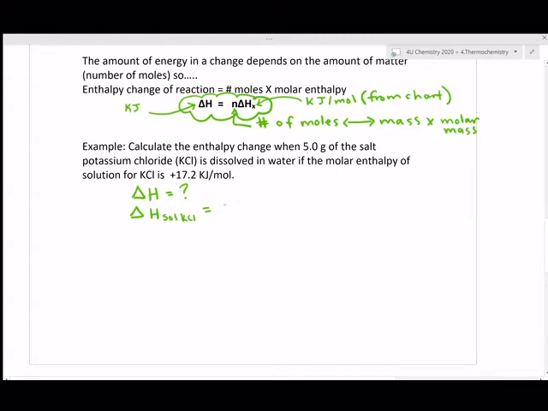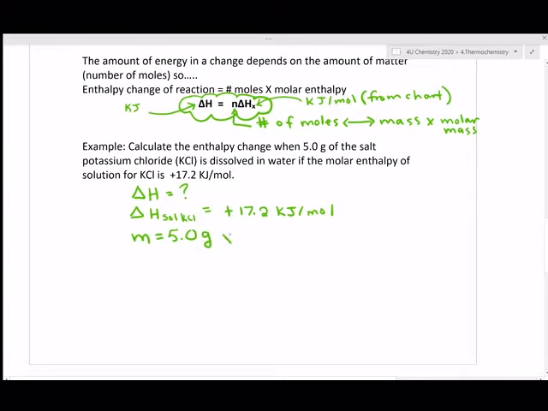And that was given, and it was positive 17.2 kilojoules per mole. Now, otherwise, so if we look up here, we're doing well. We've got 2 things, and we could solve for moles, I guess, but we have grams. So we have a mass.